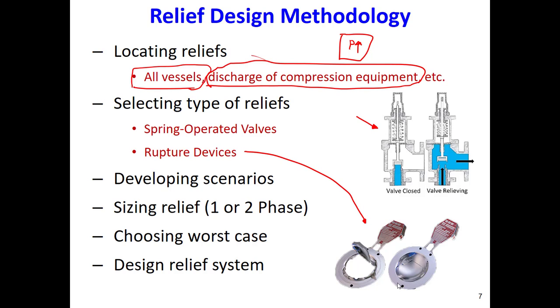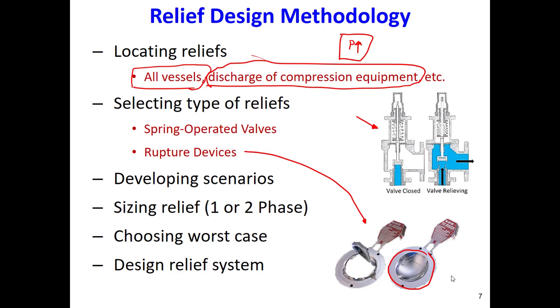A rupture device is a very simple device. It's like a metal disc, like this disc here, that is installed on the vessel or the pipe and blocks it.